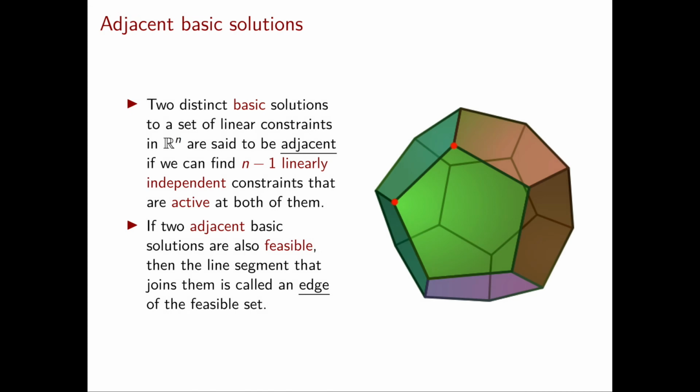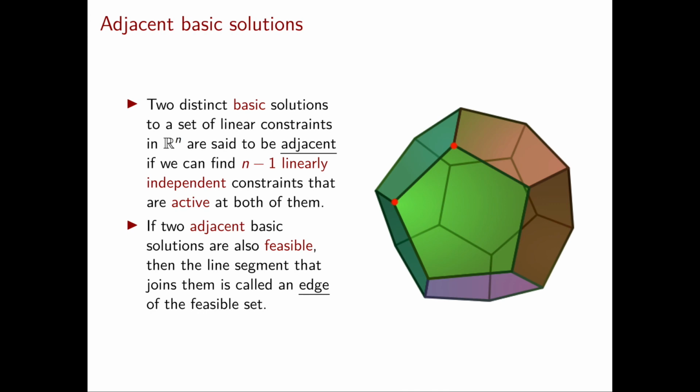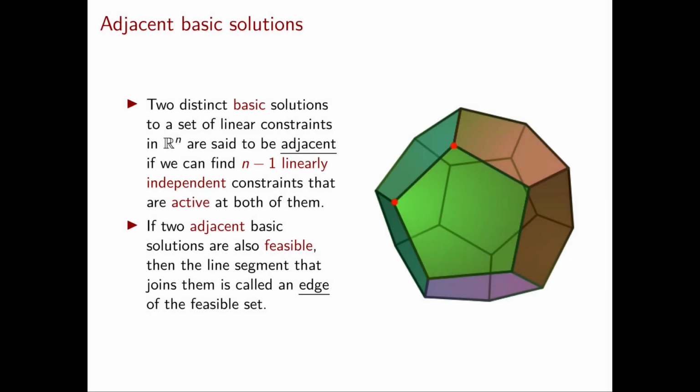One of these constraints is the one that corresponds to this green pentagon in the front, and the other constraint is the one that corresponds to this other green pentagon here on the side. It's clear from the picture that both basic feasible solutions satisfy those two constraints at equality, and that these two constraints are linearly independent because the two corresponding planes are not parallel.